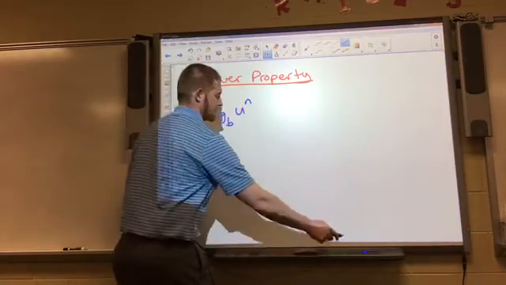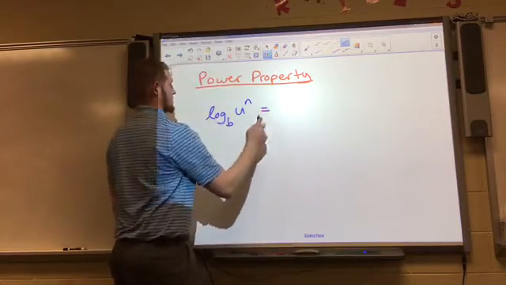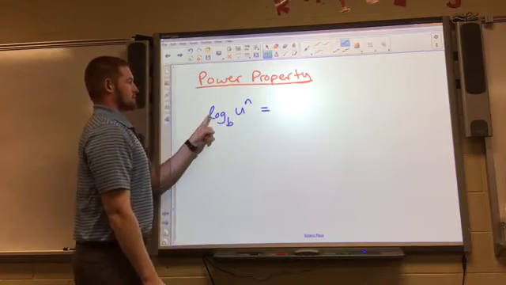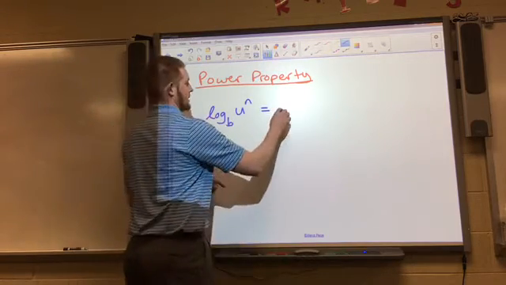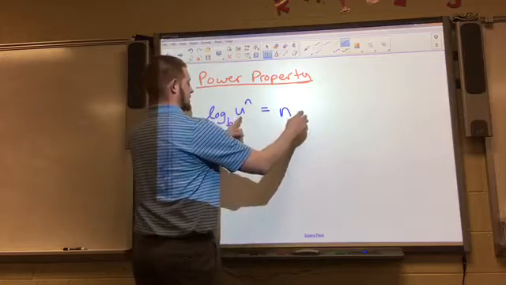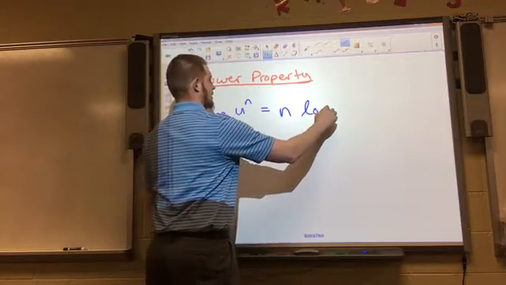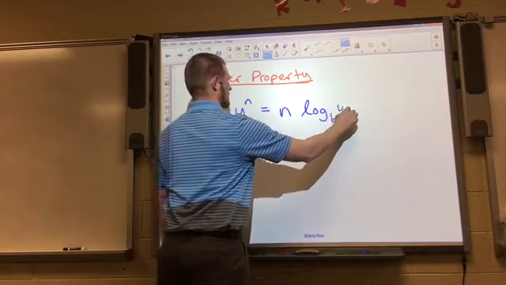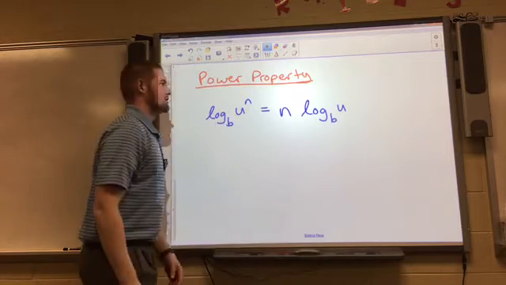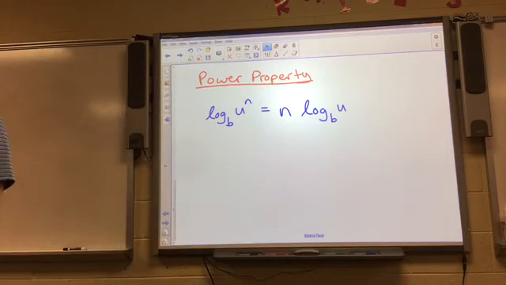We've been doing a lot of things that we could use this on, we just haven't used it yet. This changes into n times log base b of u. So basically you pull the exponent and put it where? At the beginning, in the front.